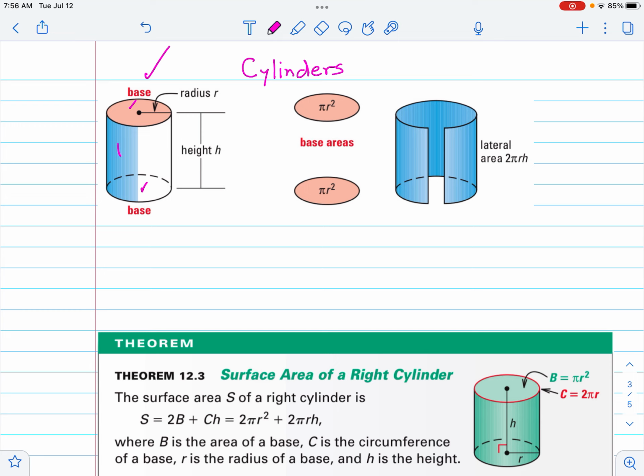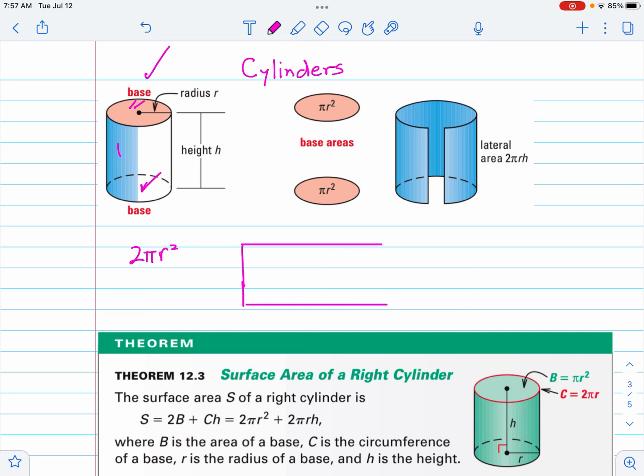Now, if we want to talk about the surface area in its entirety, we've got the area of the bases, pi r squared. Each one of them is pi r squared, this one and this one. But then we've got the surface area of what's in between. So let me unravel that. I'm going to unroll it or roll it out here.